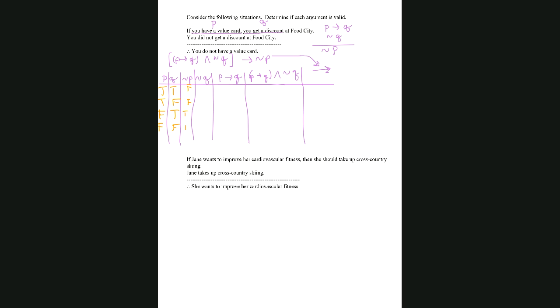And not Q is going to be the opposite of Q. So true, false means I have false, true, false, true. I'm going to go ahead and draw these horizontal lines to help me keep my rows straight. All right.